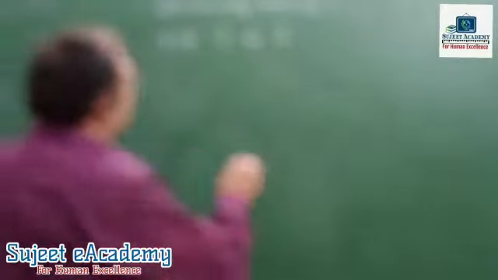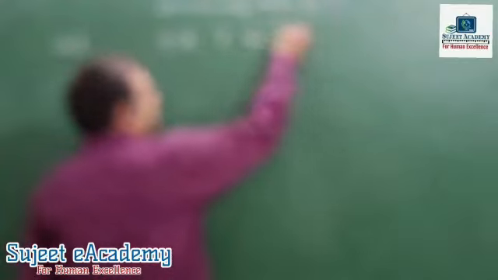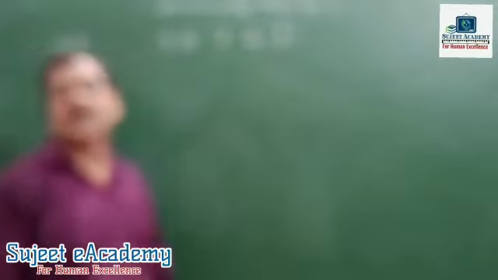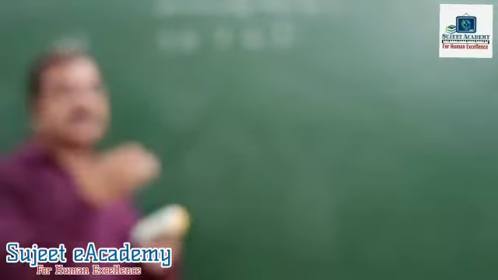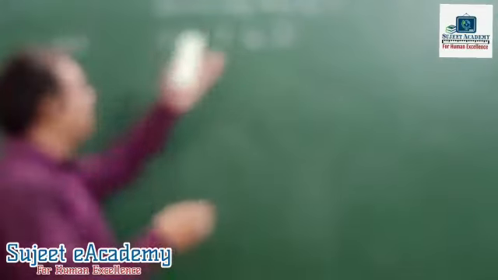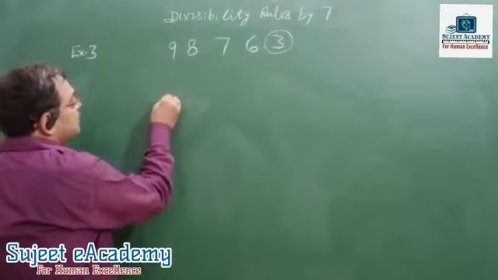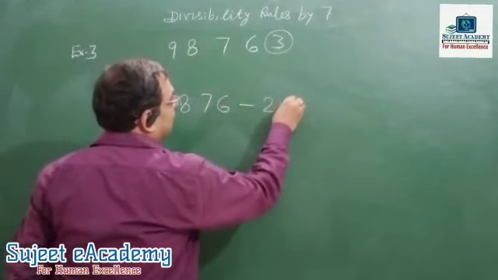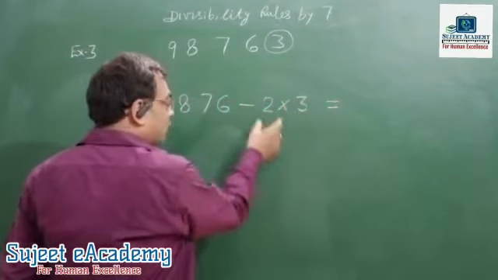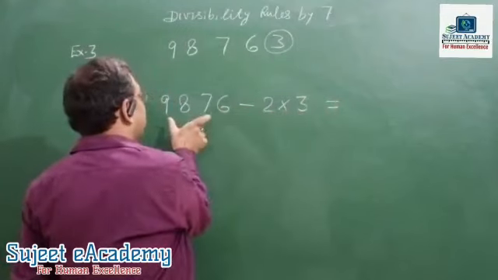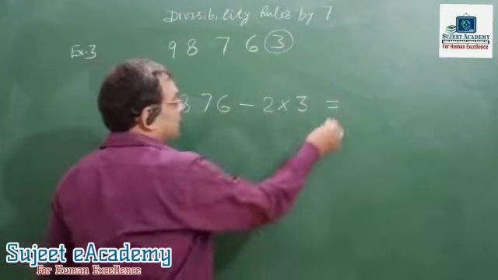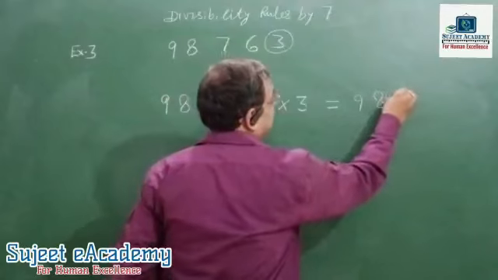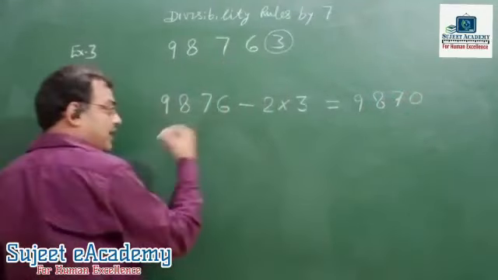You select the unit place digit, then double it and subtract it from the remaining part. Means 9876 minus 2 times 3. 2 times 3 is 6. You subtract 6 from this one: 9870. Now the next step.